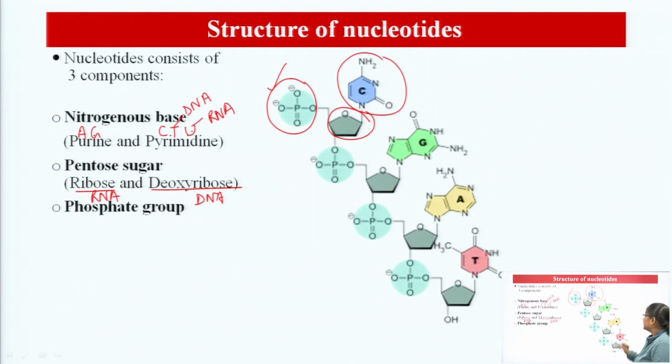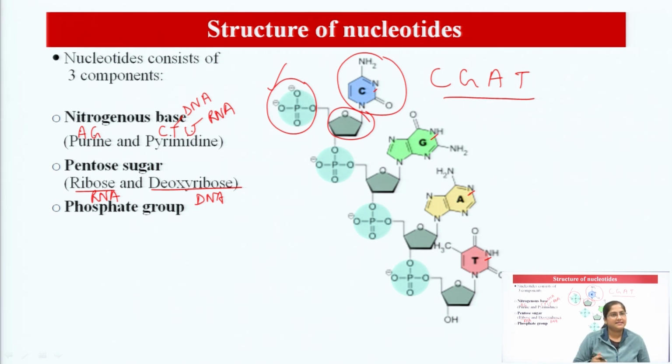You can see this nitrogenous base is cytosine, this is guanine, this is adenine and this is thymine. Knowing that the four nitrogenous bases are cytosine, guanine, adenine and thymine, we can simply say that this is the formation of DNA.